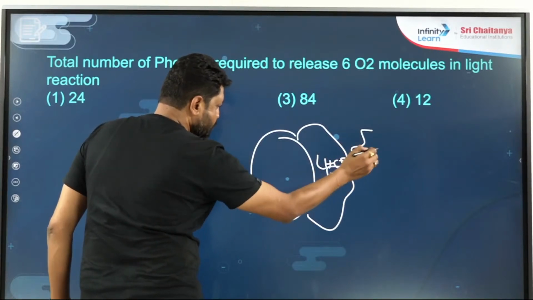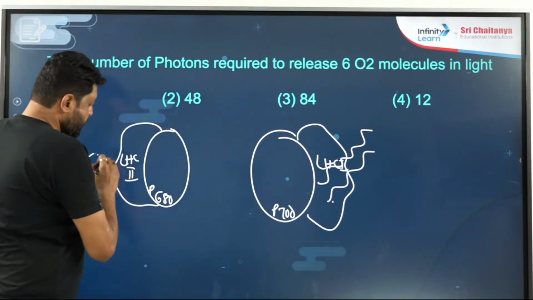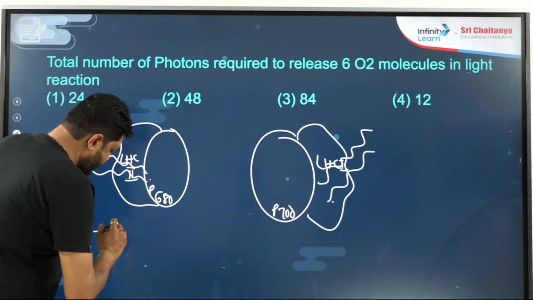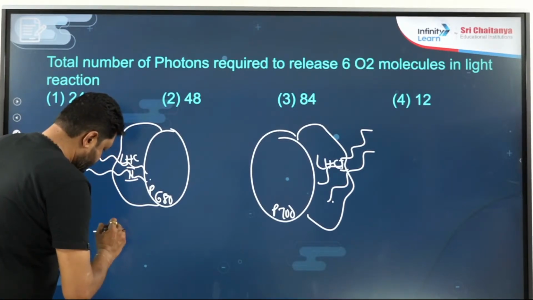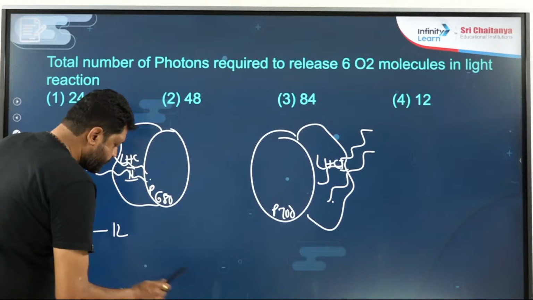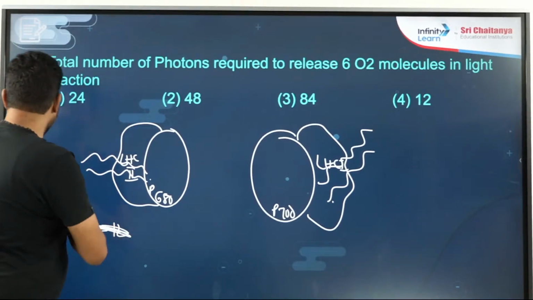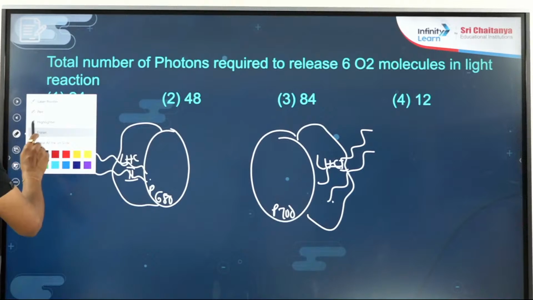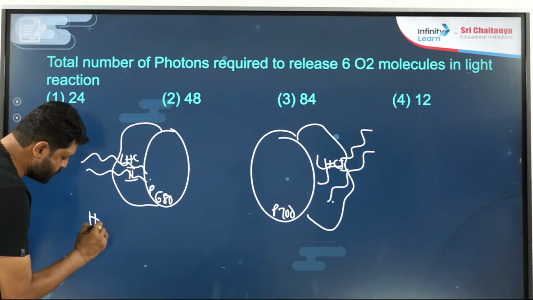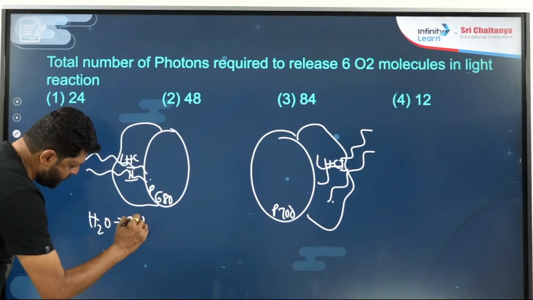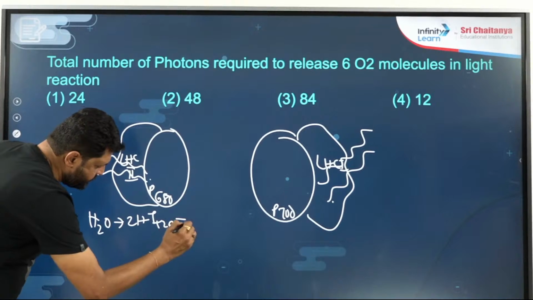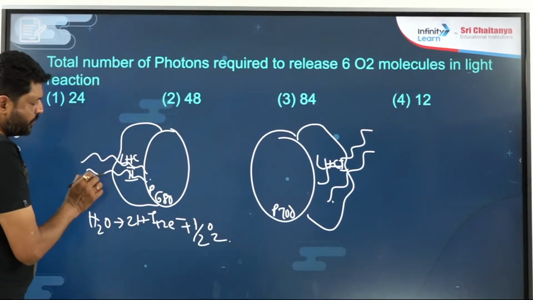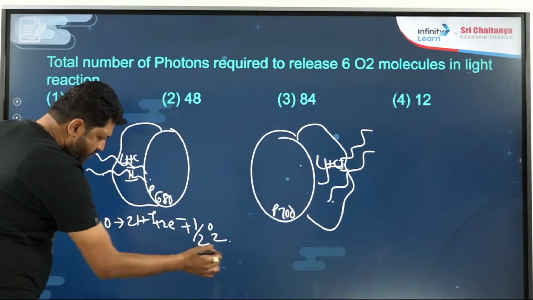So here 2 photons of light, here 2 photons of light. Then one water molecule undergoes photolysis. H2O gives rise to 2H plus, 2e minus and half O2. So 4 photons of light for half O2.